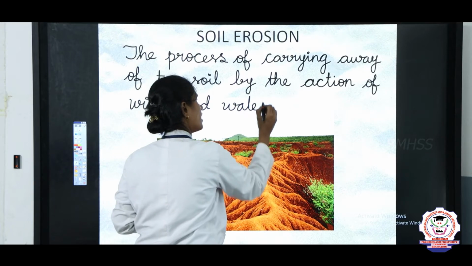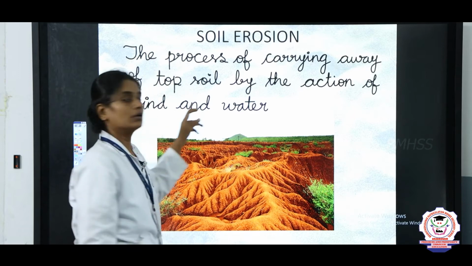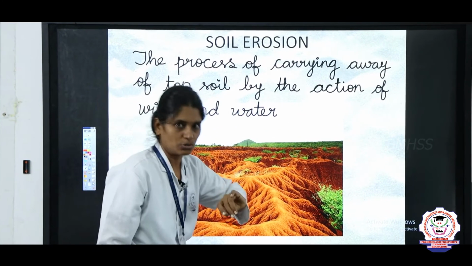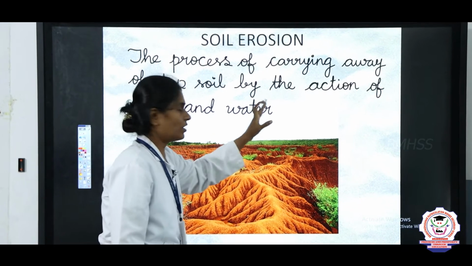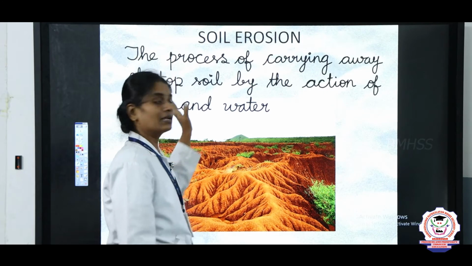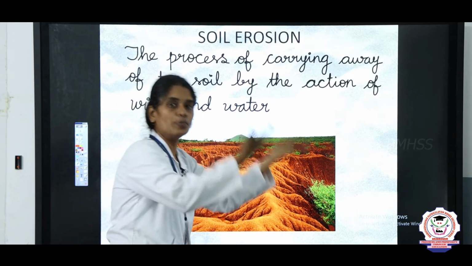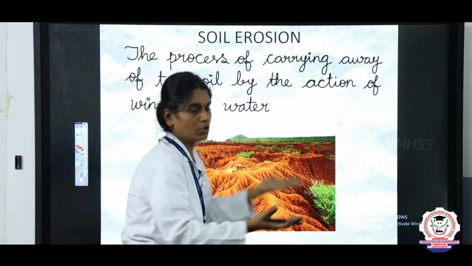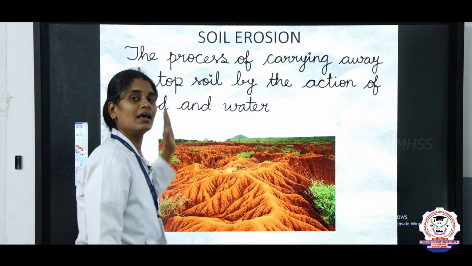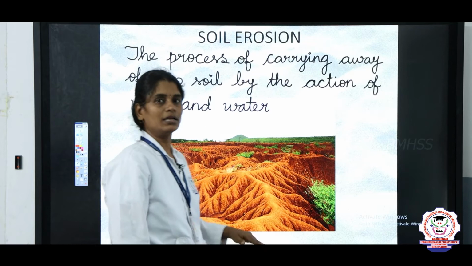Because of heavy rain or strong winds or even human activities, soil erosion is caused. Strong winds and running water carry the topsoil into new places, into any other places. So this removal of topsoil by wind and water is called soil erosion.